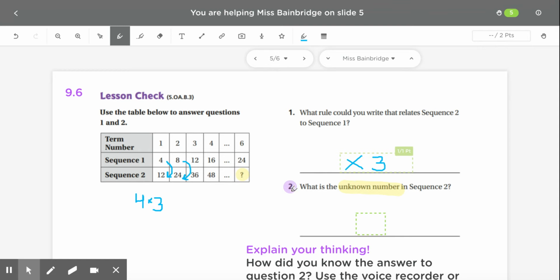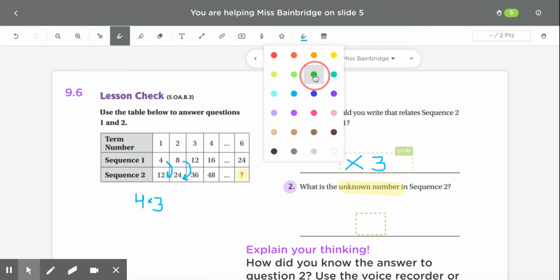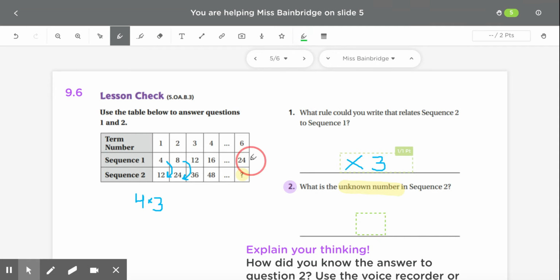Going then on to question number 2, we would be doing 24 as our input and something as our output. Well, I'm going to use that same rule, so I can just do 24 times 3.